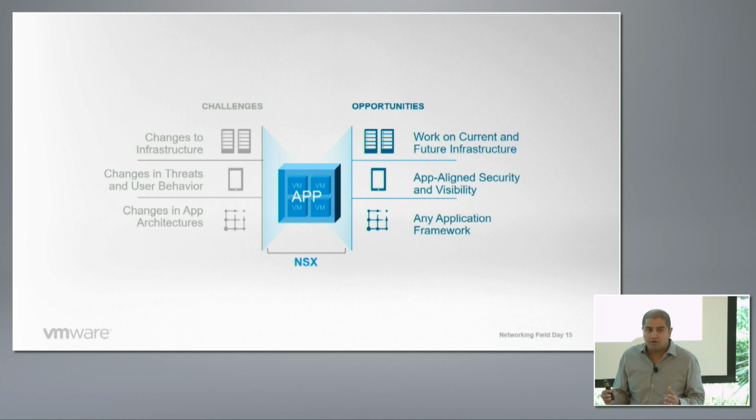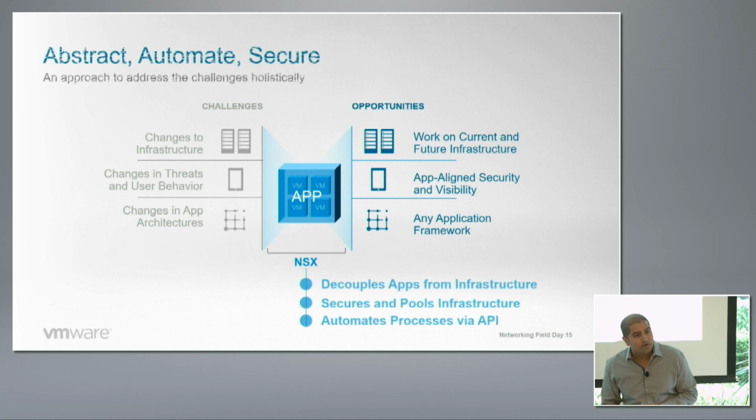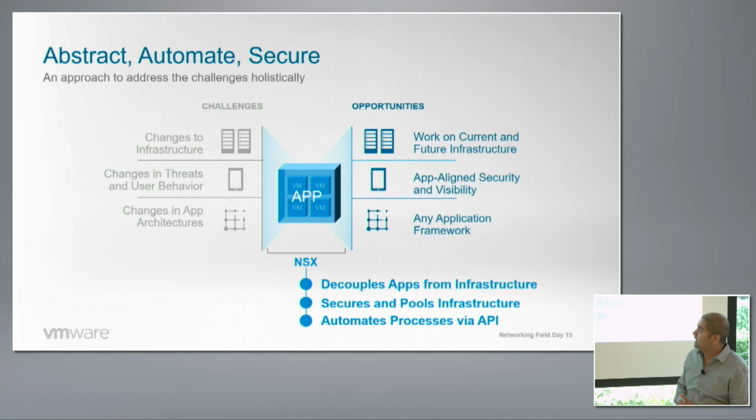While you're building your greenfield infrastructure either on-prem or in the cloud. What if you could tie in security constructs more closer to the application, right? Where when the application moves, the security constructs move with it. And the last piece is, as these application frameworks change, you don't have to completely redesign how you think about network and security. Can you do this across the old and new? And that's what really is driving the conversation in NSX.